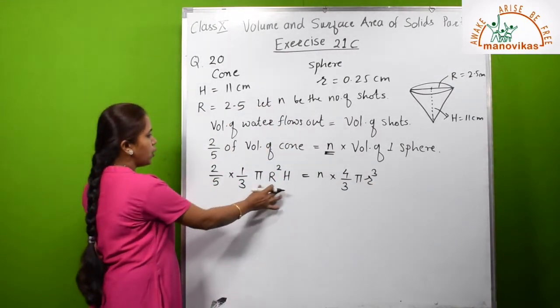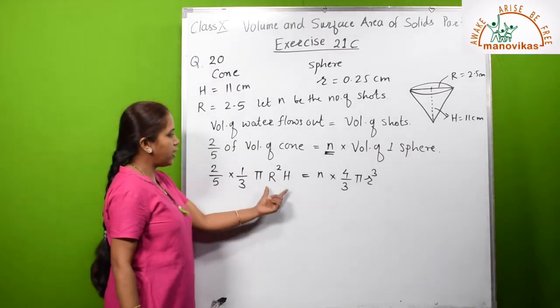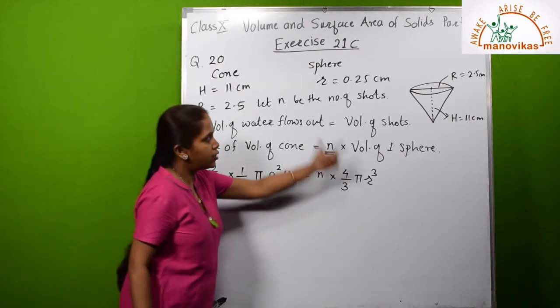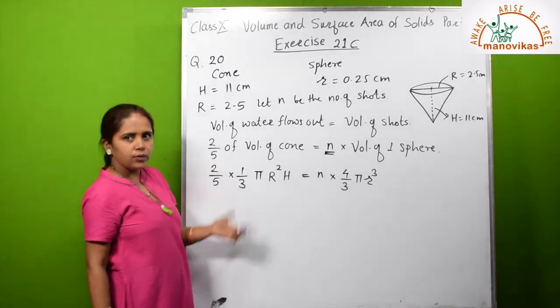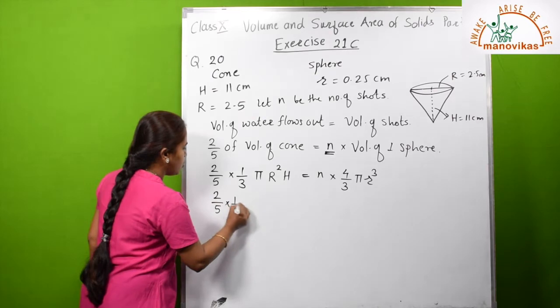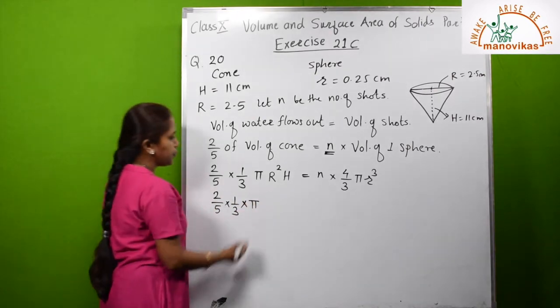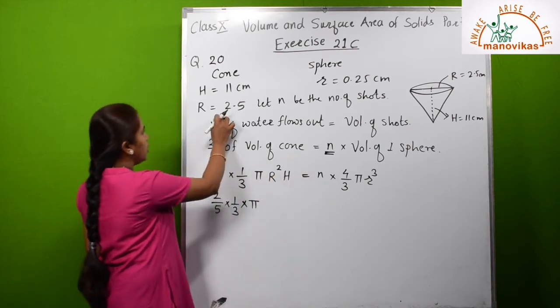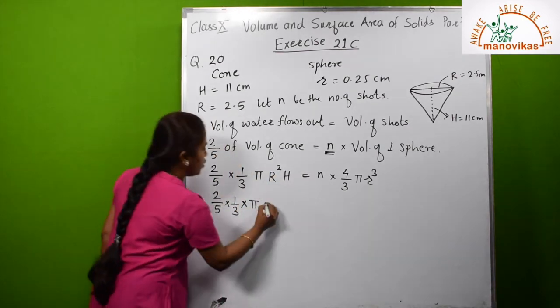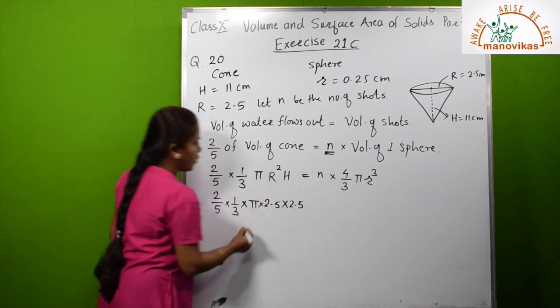Okay, now what is the radius and height for the cone and radius for the sphere? That value we have to substitute here. So 2/5 into 1/3 into pi r square. R for the cone is given 2.5, so 2.5 into 2.5.